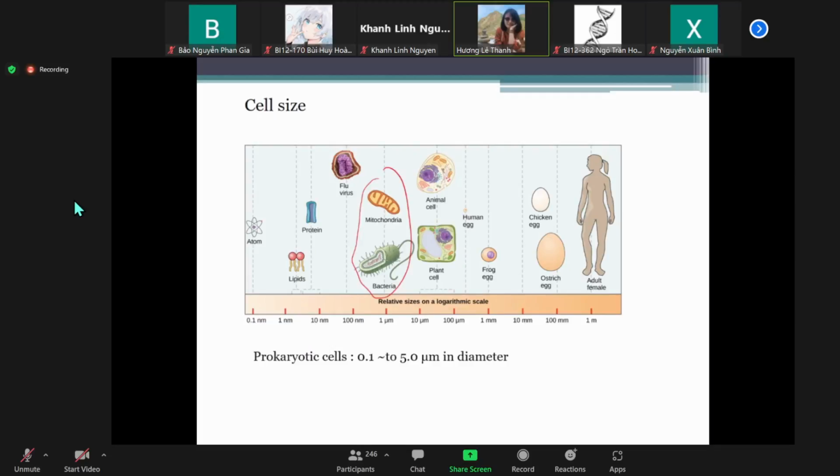They range from 0.1 to 5 micrometers, whereas eukaryotic cells range from 10 to 100. That's why we have large numbers of prokaryotic cells, but they occupy only 3% of our body weight.